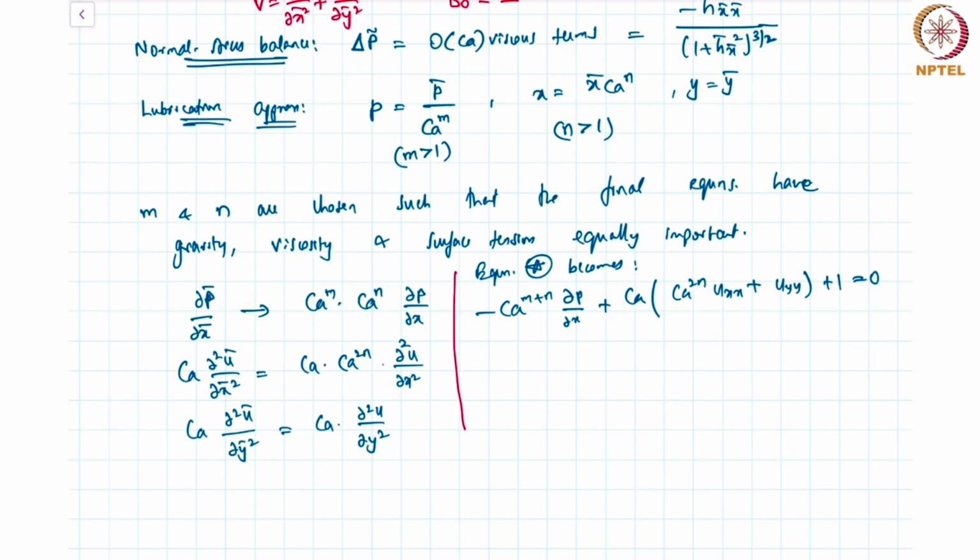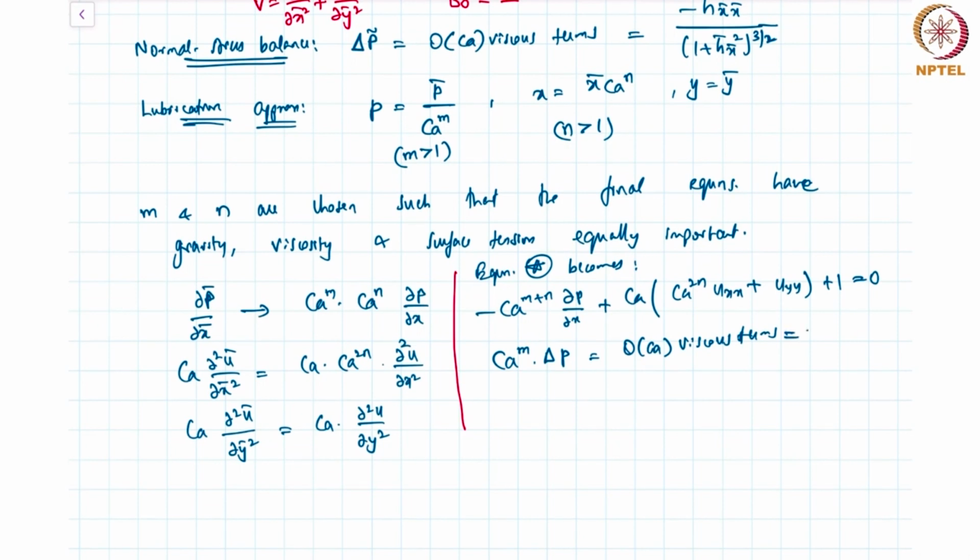at least what we can make sure of is that we also write down the normal stress balance, and the normal stress balance simply becomes capillary power m times del p, again order capillary viscous terms. These are small terms, so I'm not bothered about them.